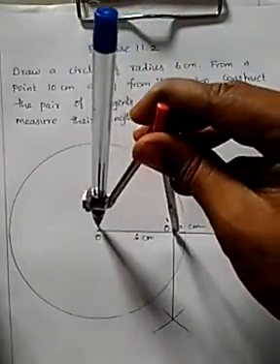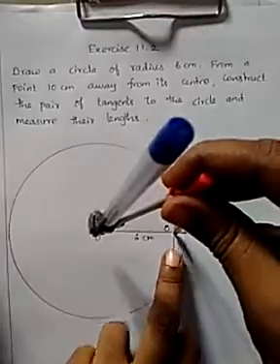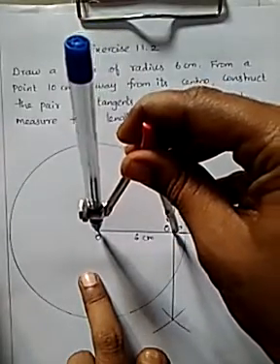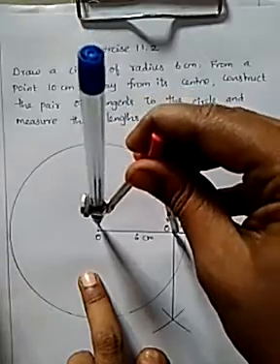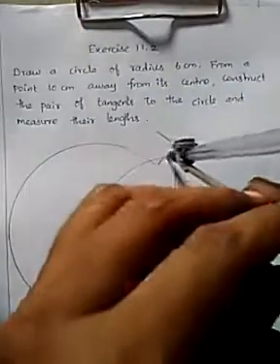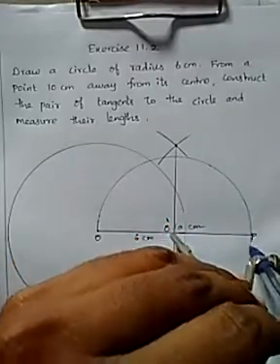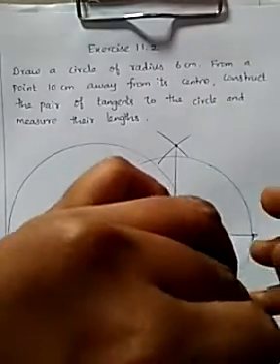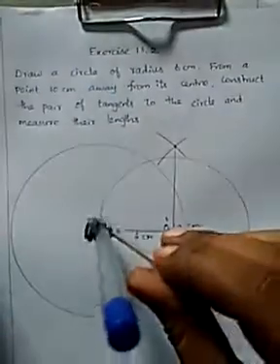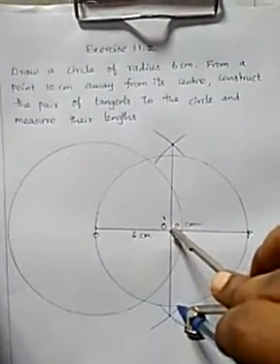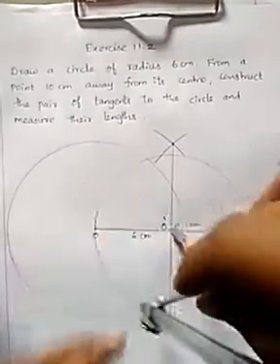Keep your compass point at the new center O dash, then consider your radius as O dash O. Now make a circle. Now we are making a new circle. See the two end points O and P.